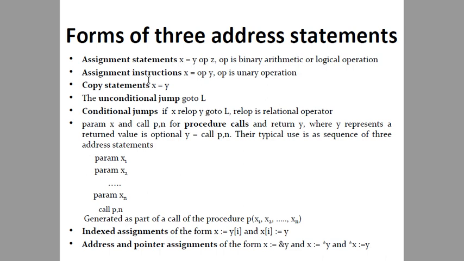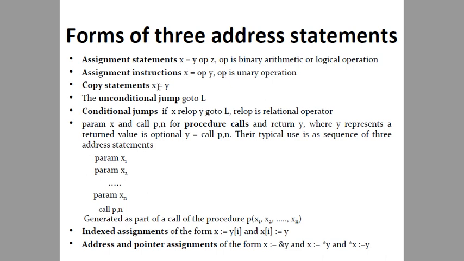For a unary assignment instruction, it will be x is equal to op y, like minus c. Like it was b into minus c. So for minus c, we will write T1 is equal to uminus c. So that is why x is equal to op y.